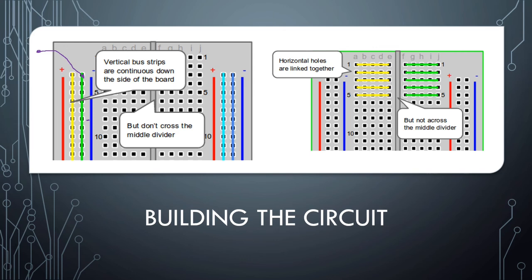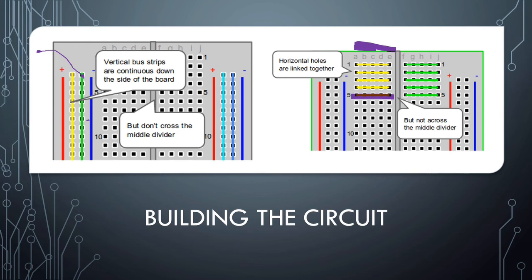You'll also see, looking over in the diagram on the right side, that our horizontal holes are linked together on the board. I don't really need to redraw all over them, but the yellow lines represent that all of these holes are connected.